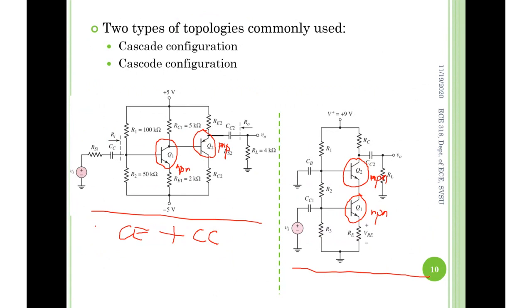Okay, it's a common collector. Here, Q1 is common what? Common emitter again. Okay. Q2 is what? Base. Here we go. Good. Not bad.